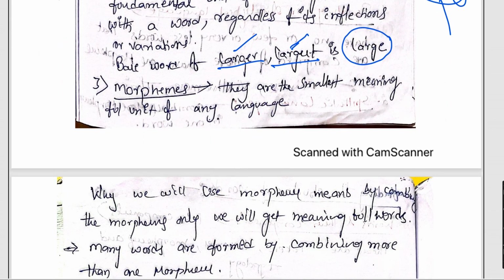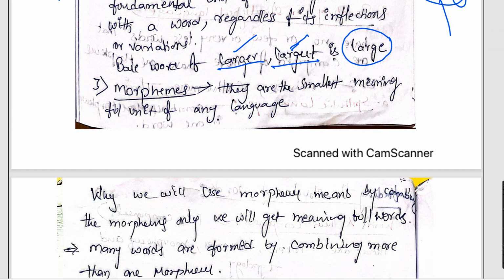Then coming to the third component, which is morphemes. Morphemes means the smallest unit in a given sentence which has a meaning in any language. That smallest unit which has a meaning is called a morpheme.